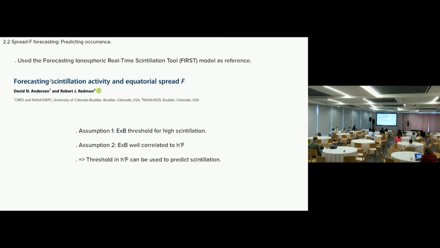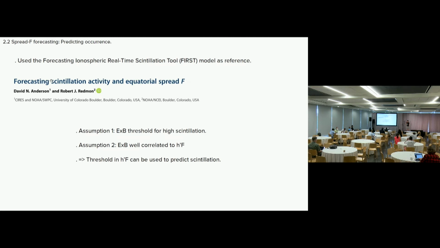Then that E cross B, the vertical drifts, are well correlated with H prime. And therefore, if you assume these two things, then there must be some threshold in H prime that can be used to predict high scintillations. And if you do that, you can relate this scintillation occurrence with the spread F occurrence. And they did that, and they got very good results when the occurrence data was built with ionograms, local ionograms.